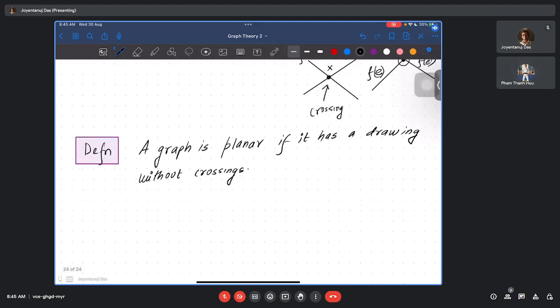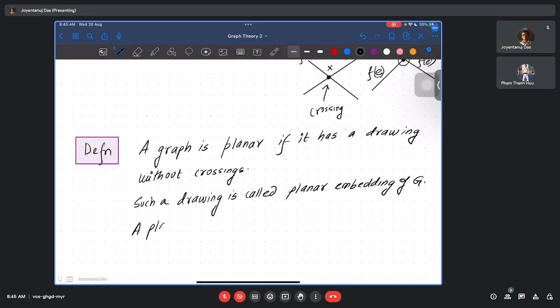Such a drawing is called a planar embedding of G. And a plane graph is a particular planar embedding of a planar graph.